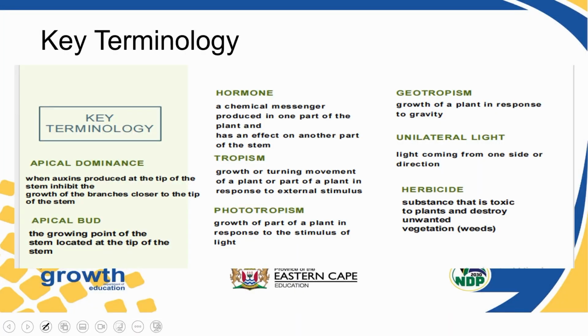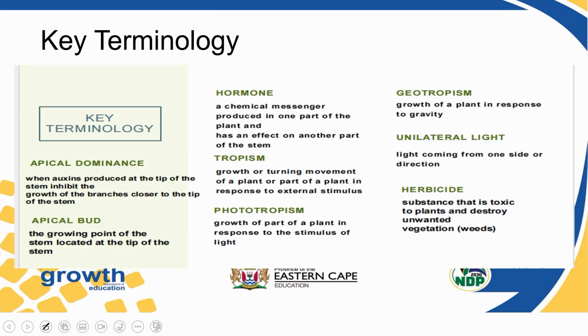But the minute we become specific, and say that these plants are growing because they are influenced by a particular stimulus, in this case light, then it becomes phototropism. We don't generalize when we are relating to this particular terminology. So phototropism is the growth response of a plant towards the stimulus of light.